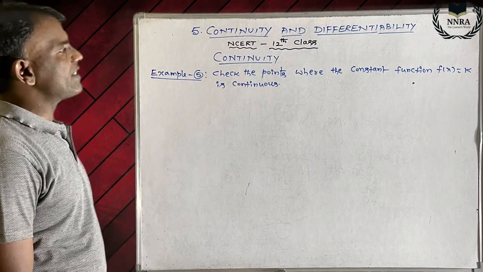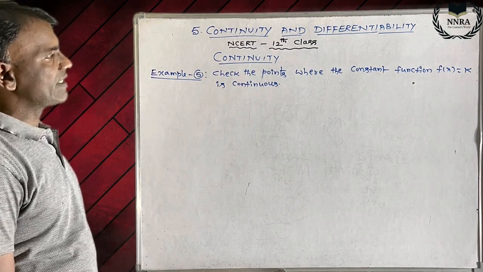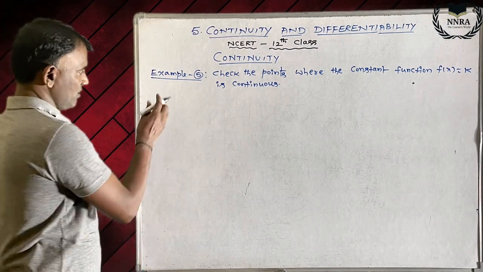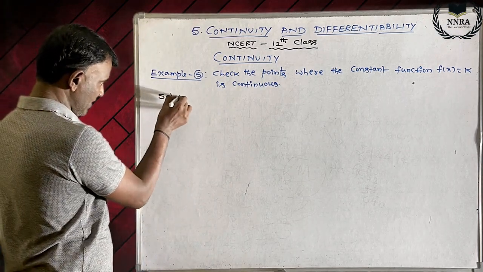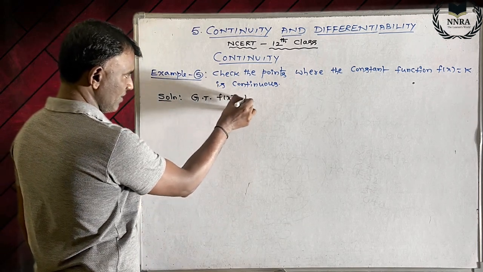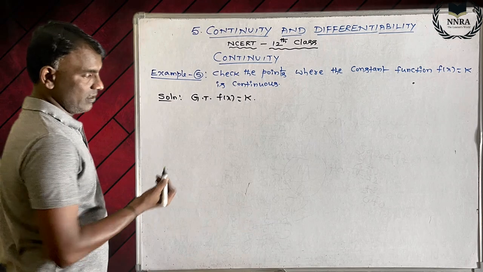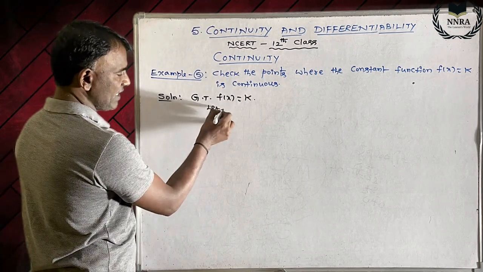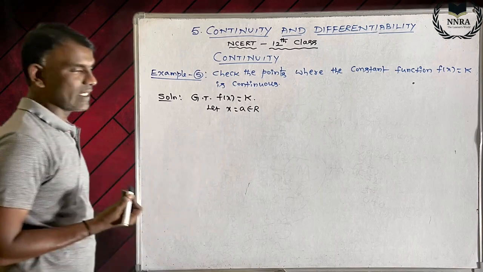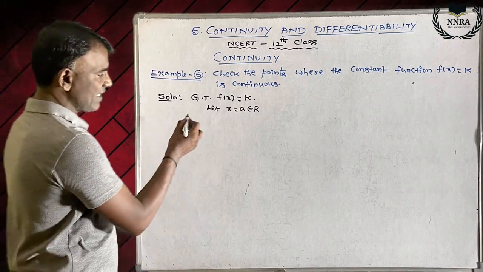Check the points where the constant function f(x) = k is continuous. So here a constant function is given, right? What is that function? f(x) = k. And now just write let x = a belongs to R. Just we find limit and value.